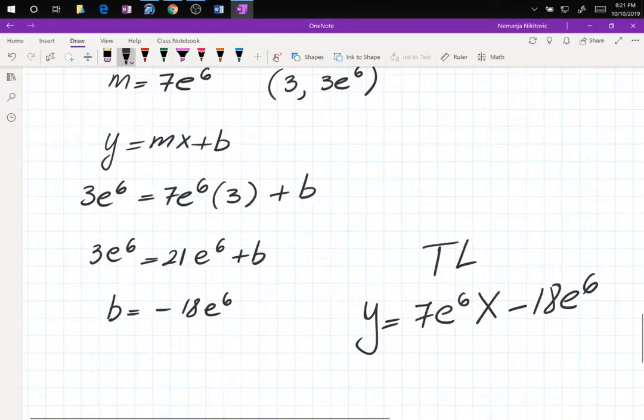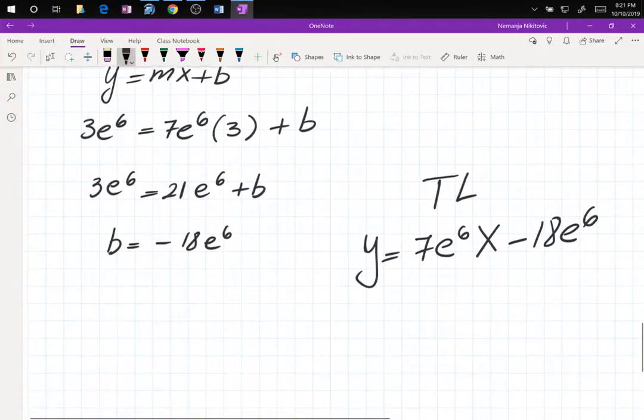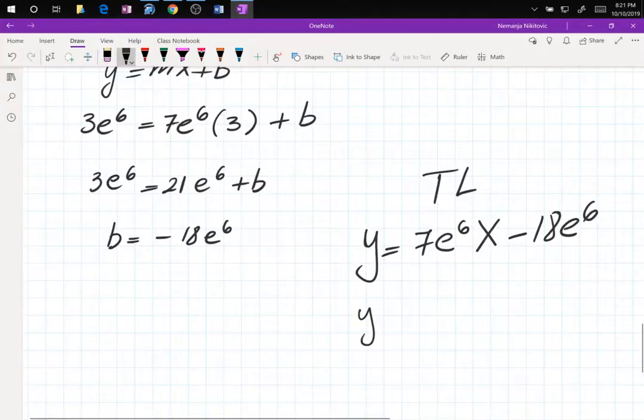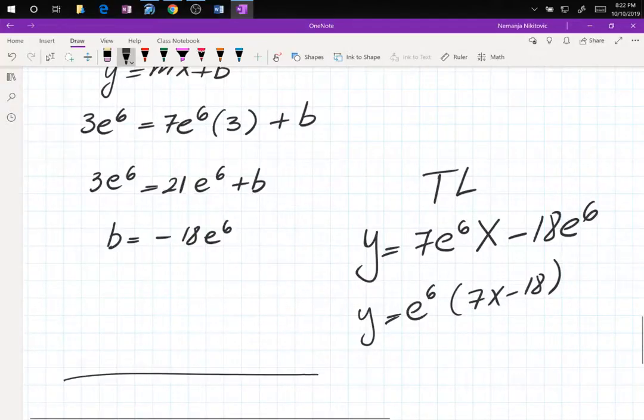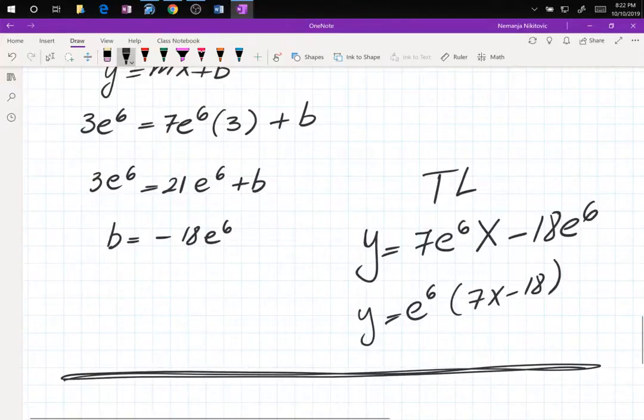E to the 6 is a number, so don't freak out, right? You can punch that in your calculator and get decimals. It's a number. So you can even kick that outside. Here, e to the 6, and then you have 7x minus 18. All right, that's easier to swallow. This particular problem used product rule.